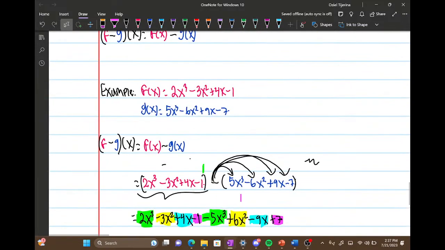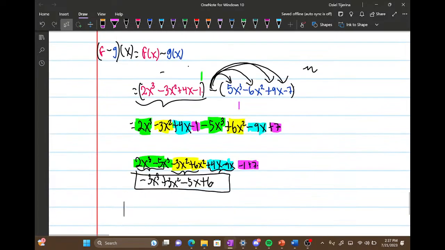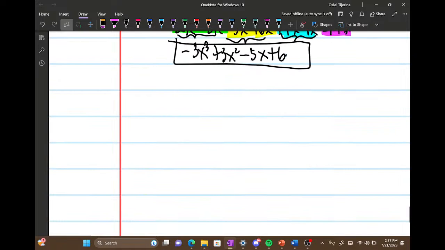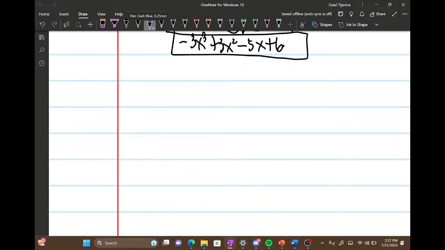Another thing that I want to go over, so if I do the same thing, let's say for example we now have g of x. Let me just explain.